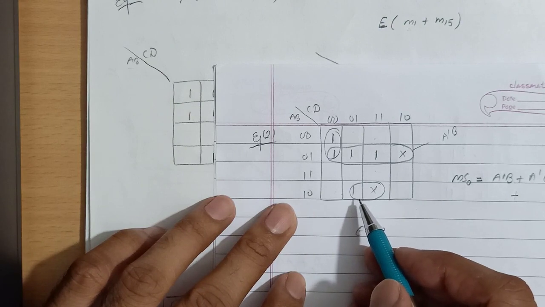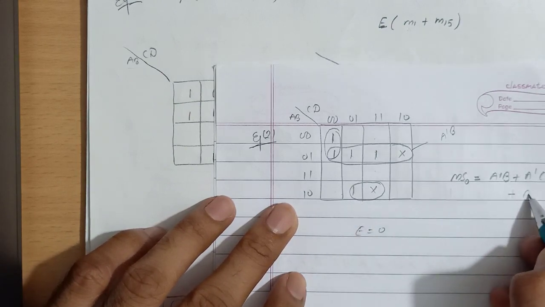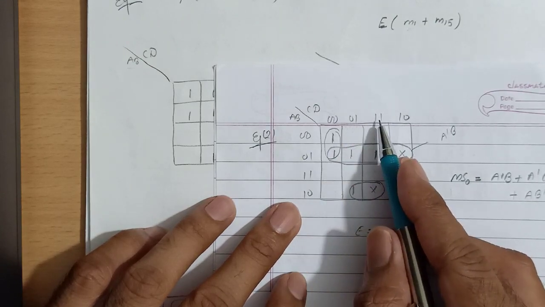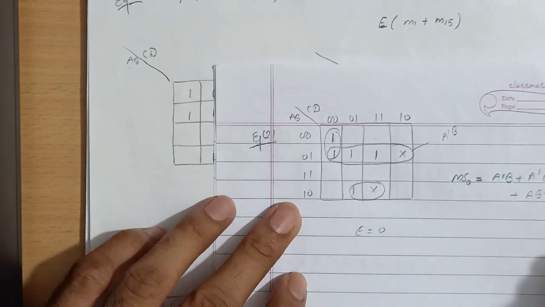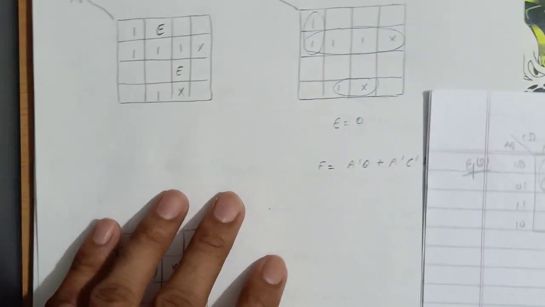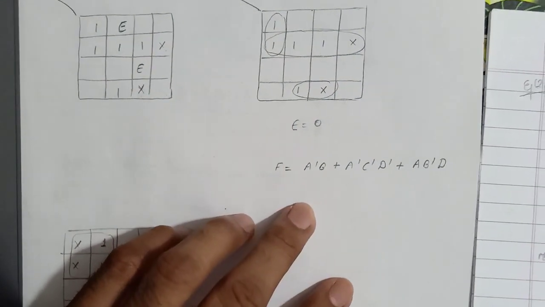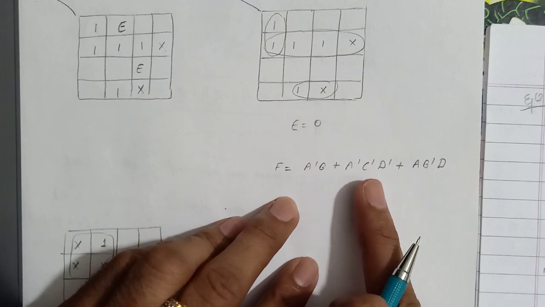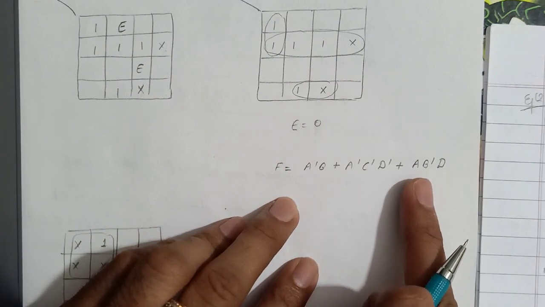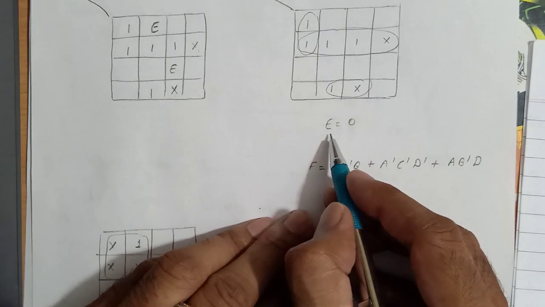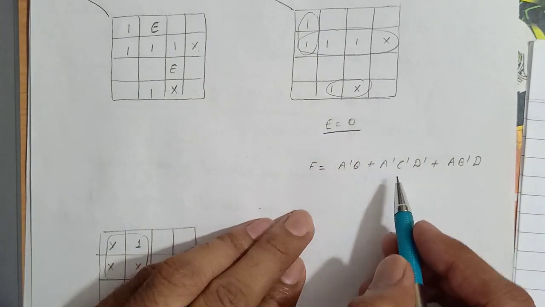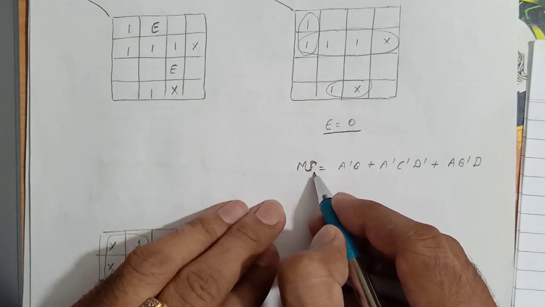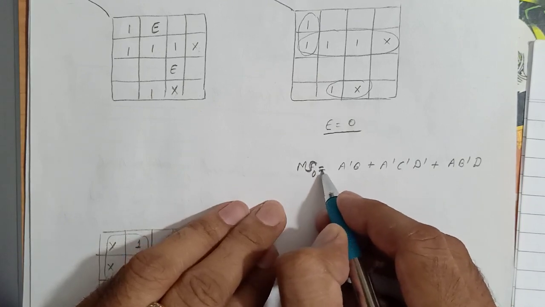This term is basically A B', and from here D. So when e equal to 0, we have A' B plus A' C' D' plus A B' D. This function is basically MS0, the minimum sum when e is 0.